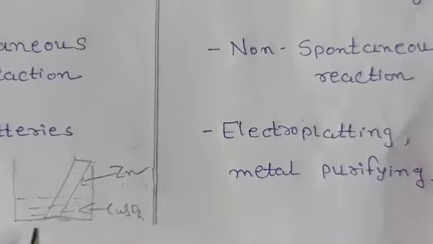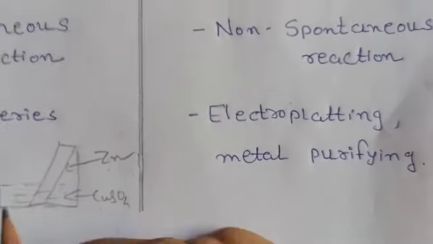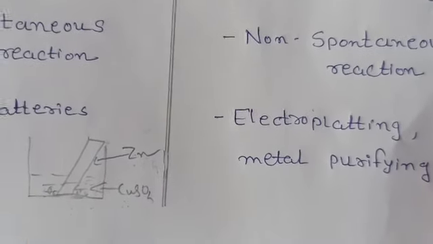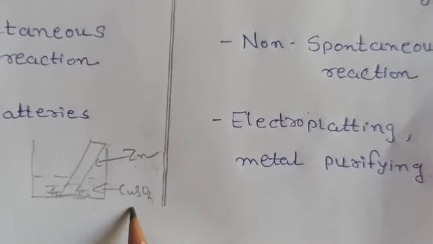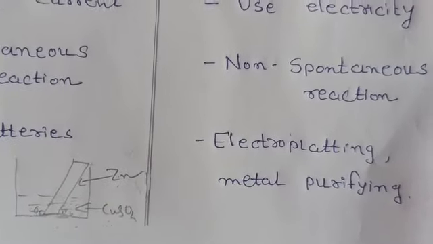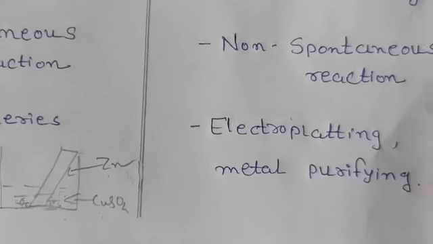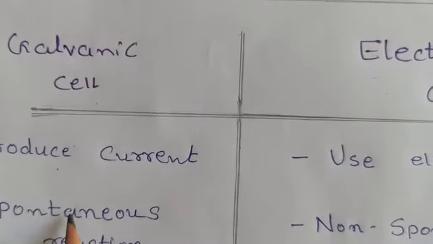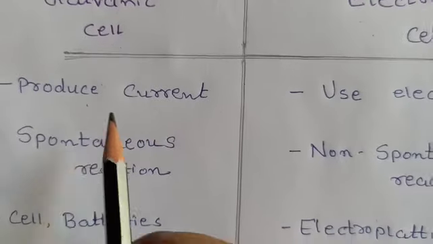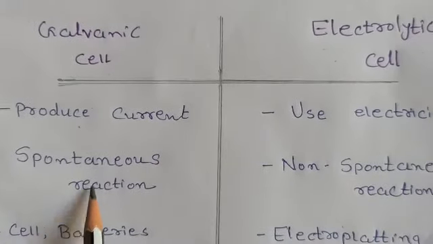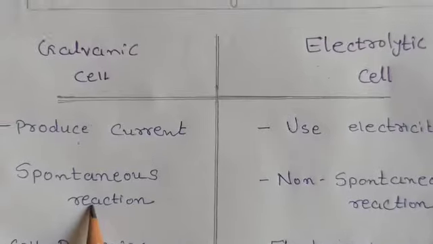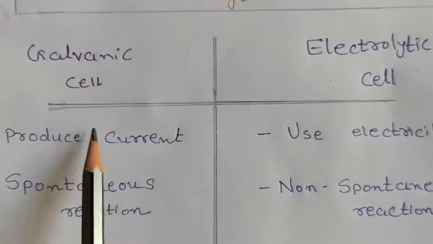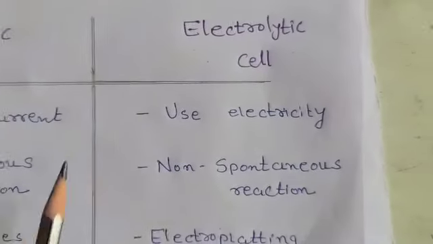And we will get a reddish brown precipitate of copper. Means the displacement reaction between zinc and copper sulfate occurs by itself. This type of reaction is known as a spontaneous reaction. So in a galvanic cell, a spontaneous reaction occurs, and due to that we can produce current.